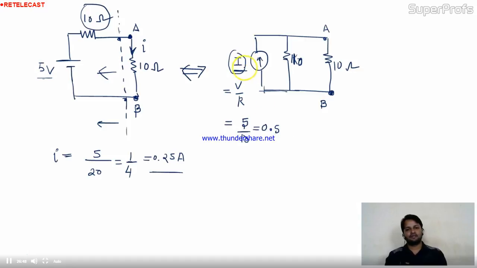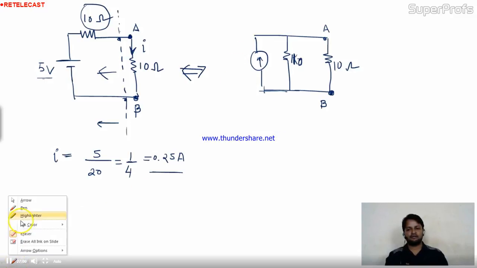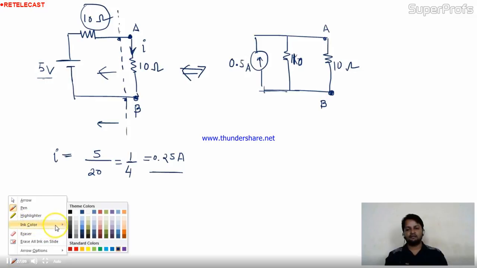So the value of this current is nothing but 0.5 ampere. Is it clear? So I am removing all this. The value of this current would be 0.5 ampere. Is it okay? So we converted this circuit into the equivalent current circuit.